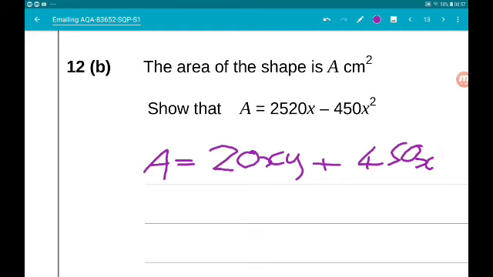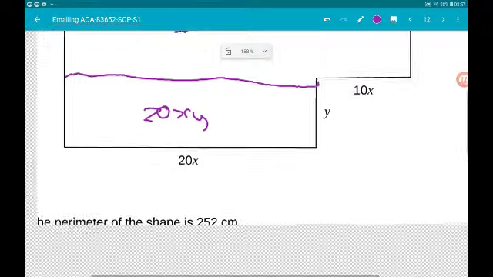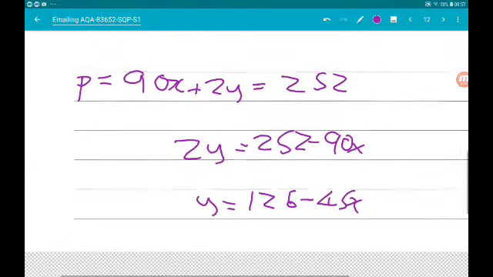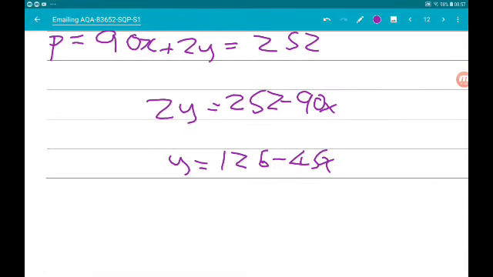450x squared. Now we want the area to be completely in terms of x, so what we're going to do is make the substitution that y is 126 minus 45x.